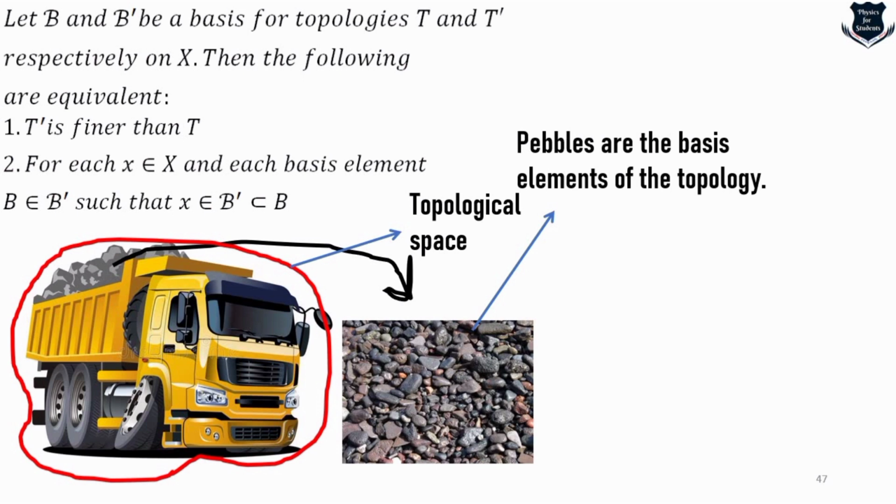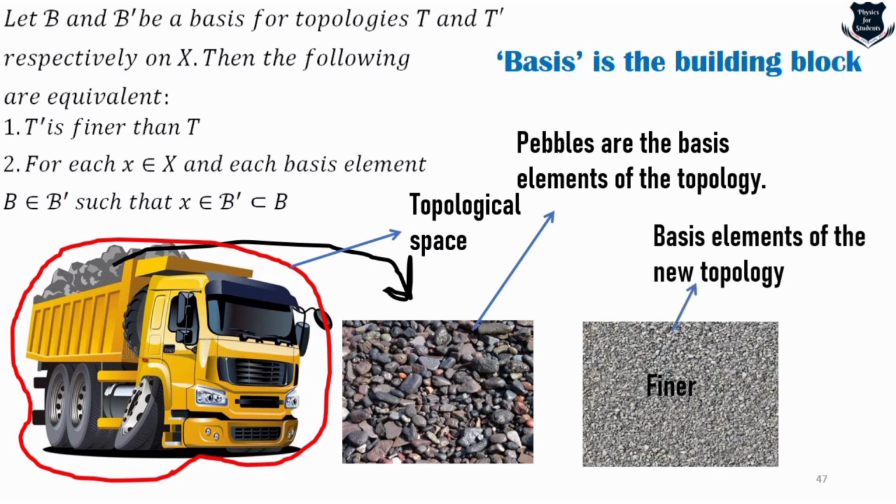Now, for example, we smash these into dust particles and it becomes finer. So after the pebbles are smashed into dust, here are the dust particles. So basis is the building block, and these finer dust particles are the elements of the new topology. So the new topology is finer than the old one, and each new particle was contained inside a pebble.